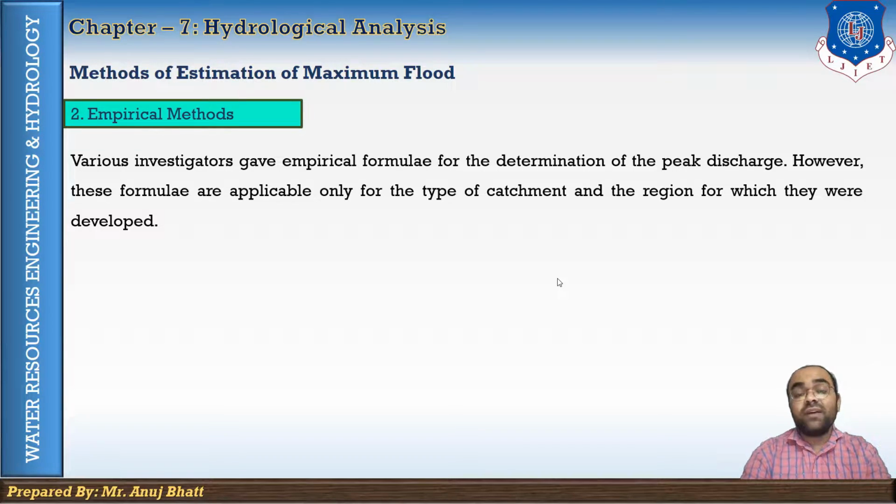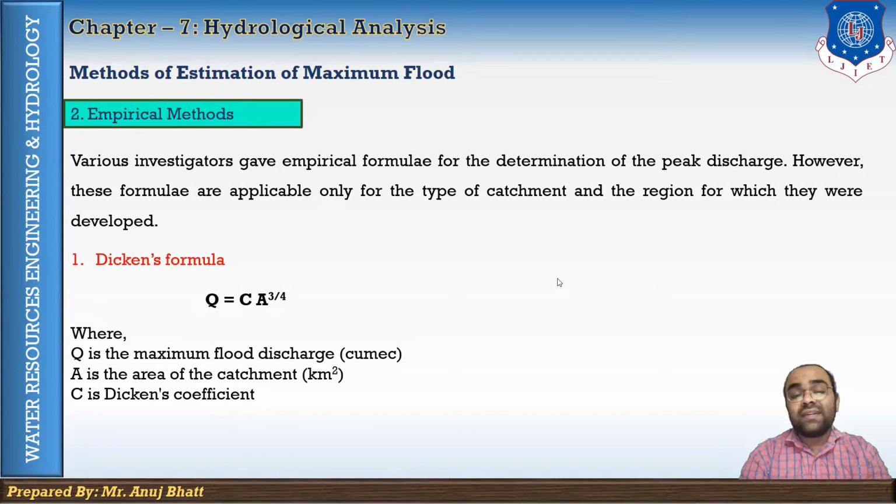The first formula is Dicken's formula. According to Dicken's formula, the peak discharge is Q = C A^(3/4). This formula was developed for North and Central India. Here Q is the maximum flood discharge, Qmax, A is the area of the catchment, and C is the Dicken's coefficient.